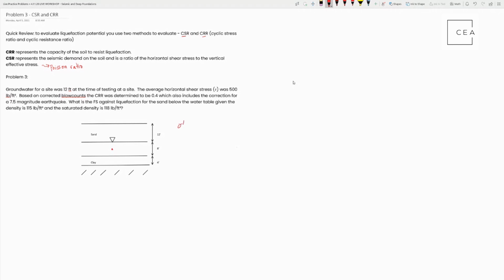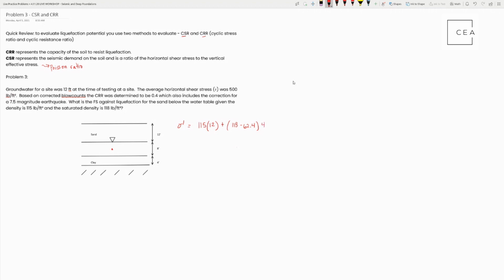So what's effective stress? We have to take that first layer, which was determined as 115 pounds per cubic foot, and I'm not going to write down all the units here. We're going to multiply that by the thickness here of 12 feet. That's the layer that we're dealing with. Now we have to add the next layer, which was 118 pounds per cubic foot, and we're going to subtract out the pore water pressure, which is 62.4 pounds per cubic foot, and multiply that by 4, which gets you down to the halfway point of that sand layer.